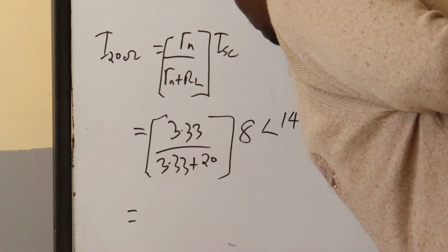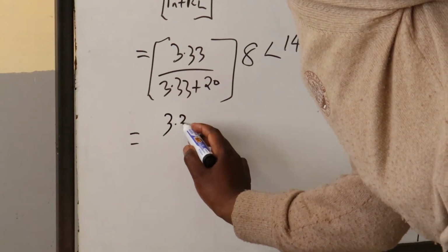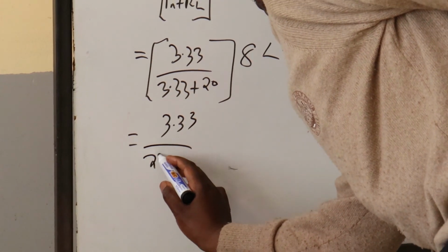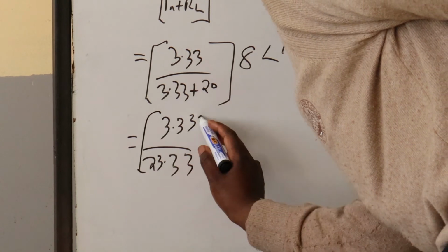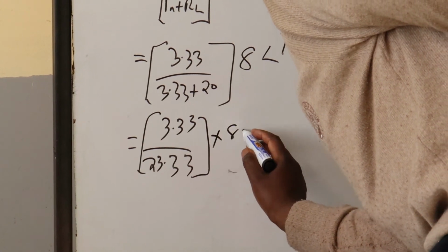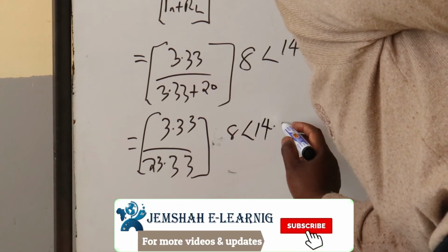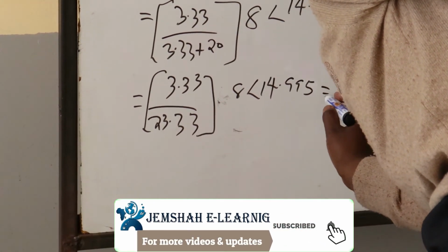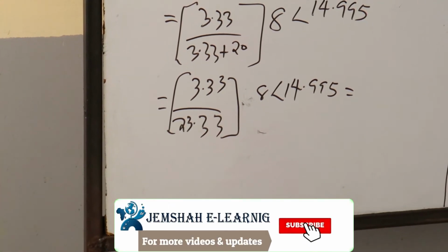So that is 3.33 over 23.33 times 8, the angle is 14.995.